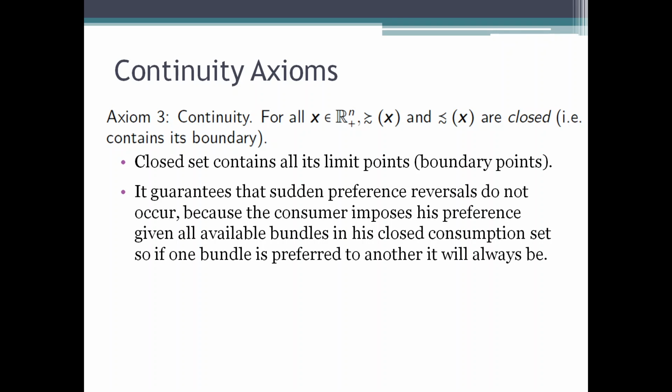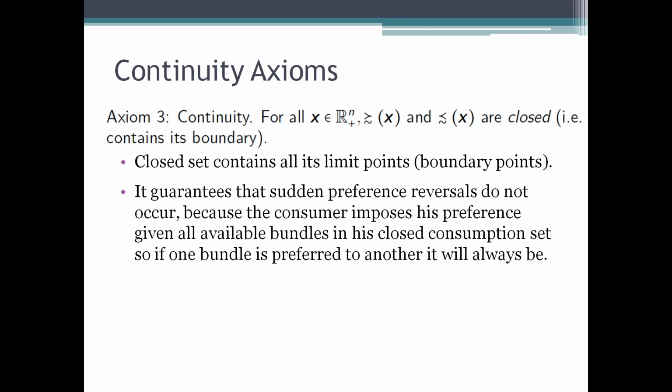What do you mean by this? Once again, a closed set is simply a set that contains all its inside points plus all its boundary points. Since we already assumed that a consumer is rational, he has the completeness and transitivity assumptions.